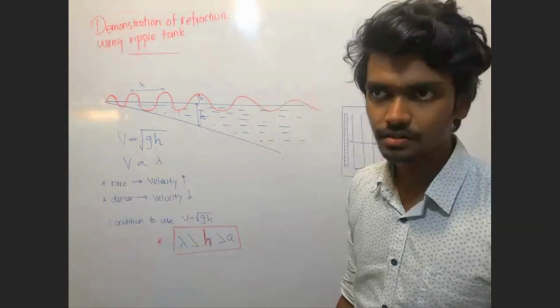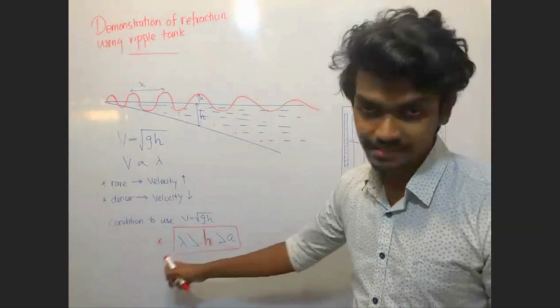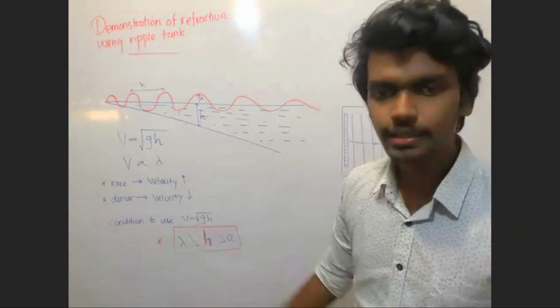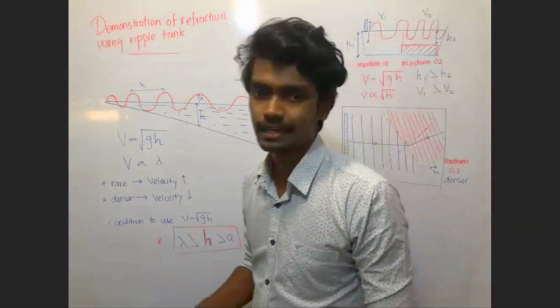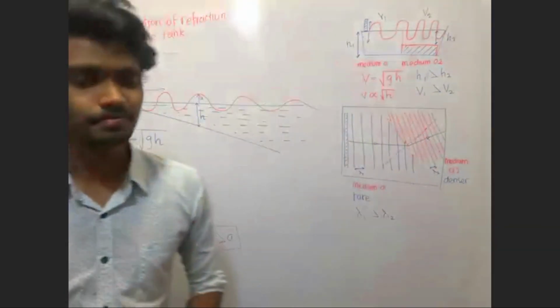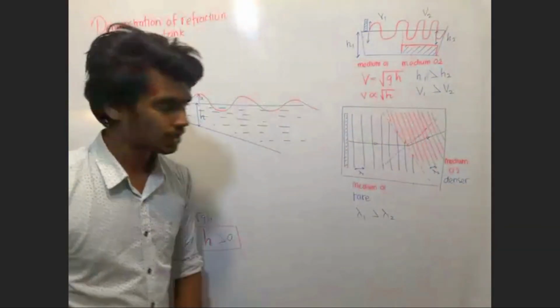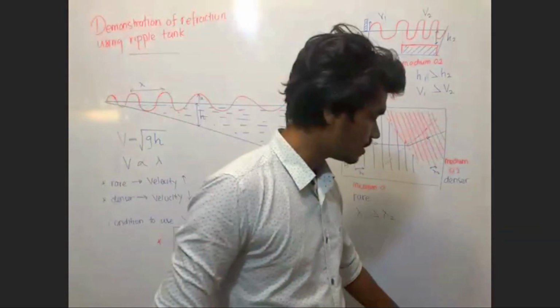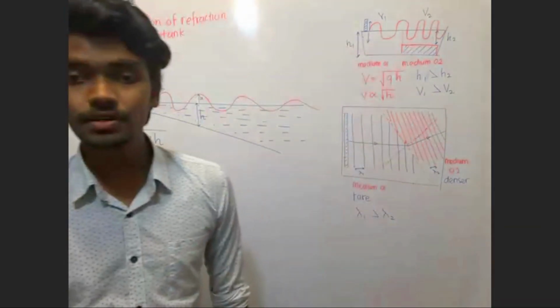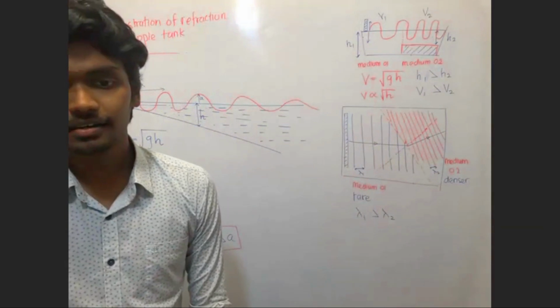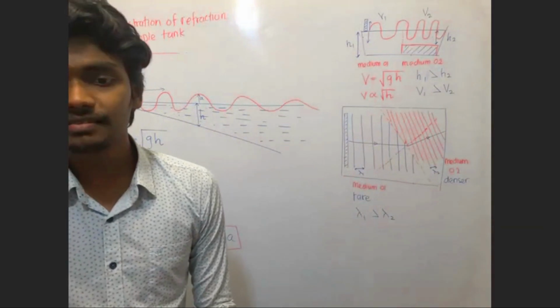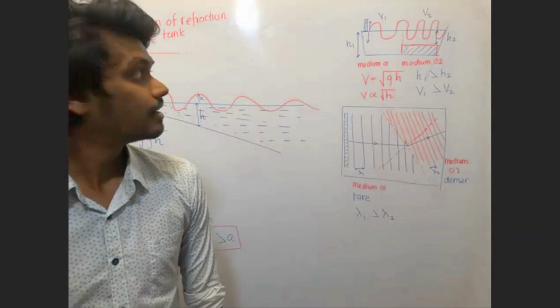Height should be less than the wavelength, height should be greater than the amplitude, right? So this is it for the demonstration of refraction.